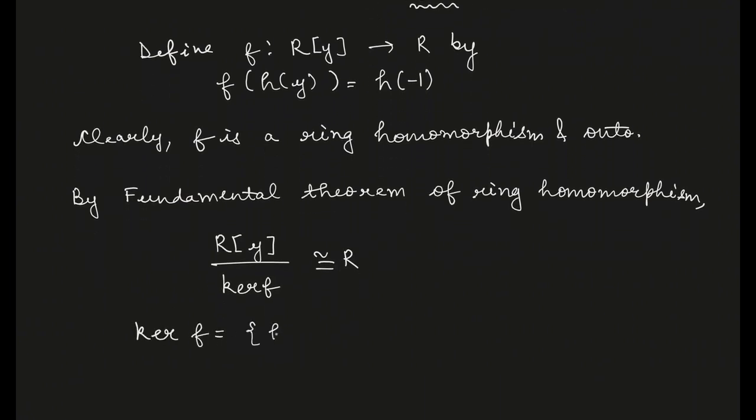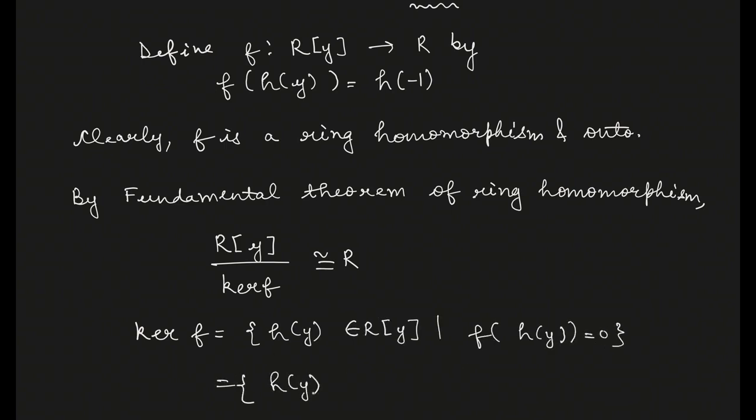Kernel f is equal to h(y) belongs to R[y] such that f(h(y)) is equal to 0, so h(-1) is equal to 0.